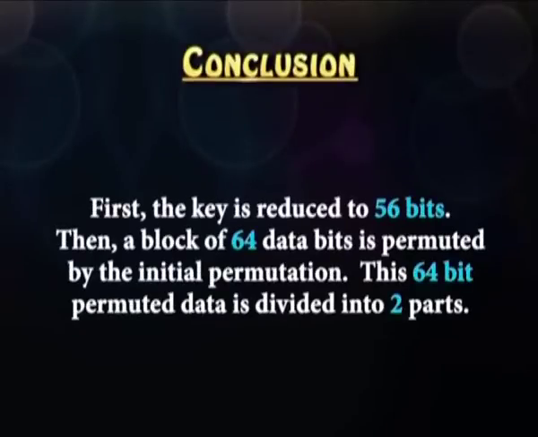Now, to summarize, let us put all the pieces back together for the DES algorithm. First, the key is reduced to 56 bits, then a block of 64 data bits is permuted by the initial permutation. This 64-bit permuted data is divided into two parts.